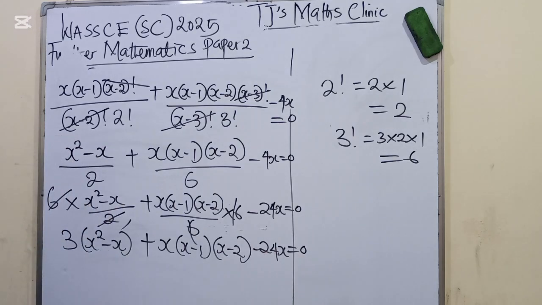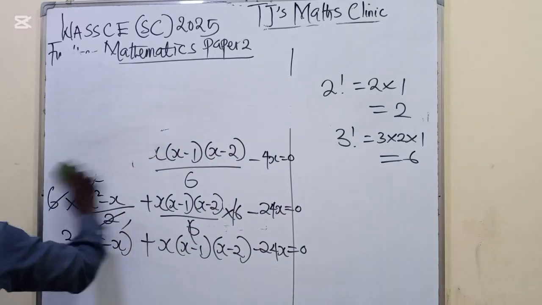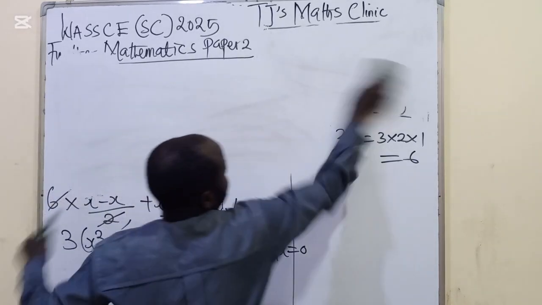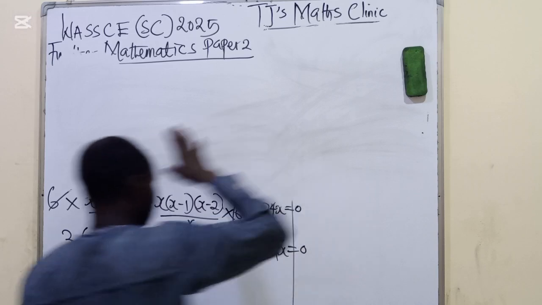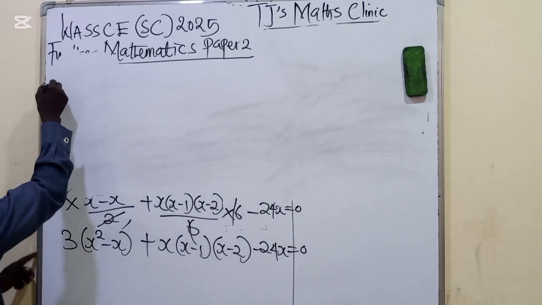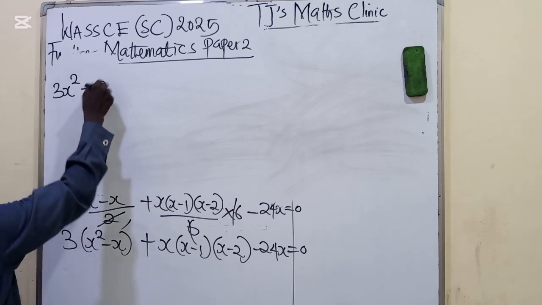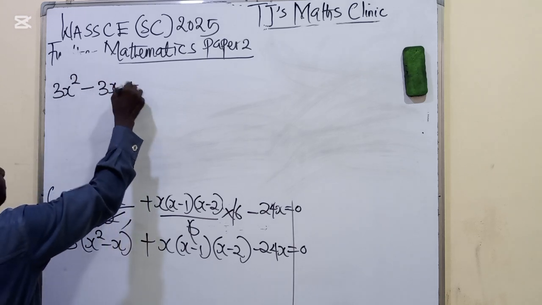I hope we're together. Let's move up here so that we can simplify. Let's clear the brackets. 3 times x squared, that will be 3x squared, minus 3 times x, that will be 3x, plus x.